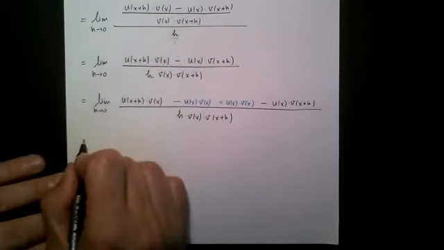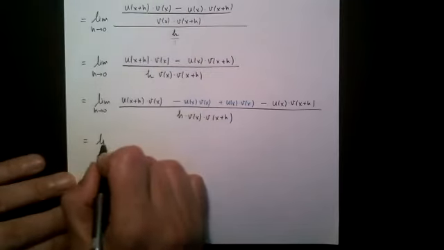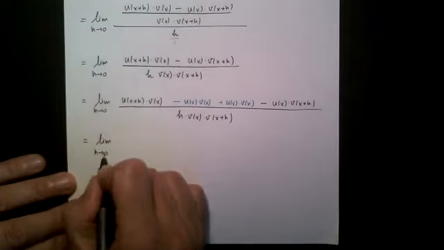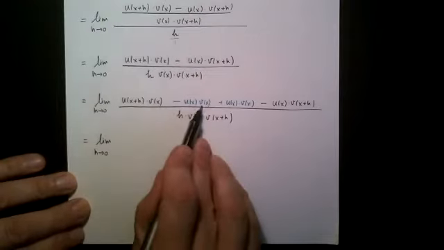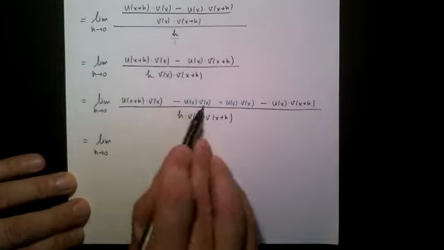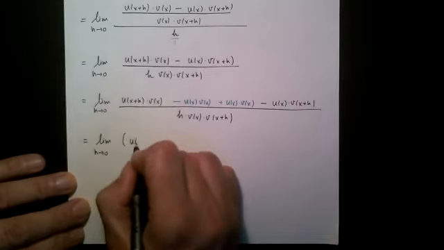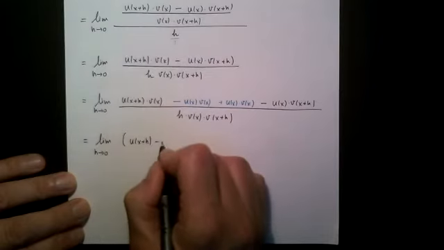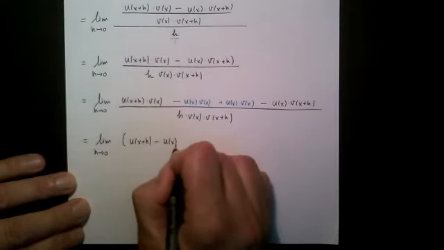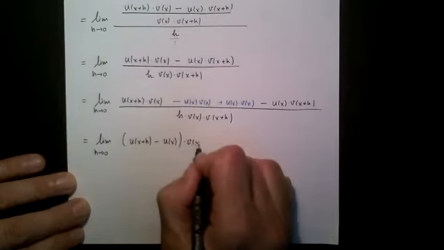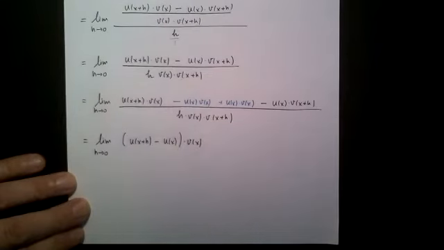Okay, equals limit as h approaches 0, and so on top, the first two terms, as you see, I could extract the v of x. So I will have u of x plus h minus u of x times v of x.